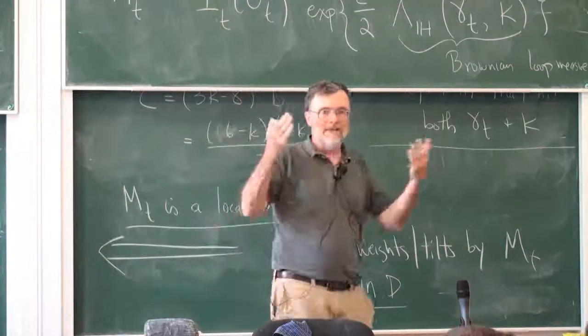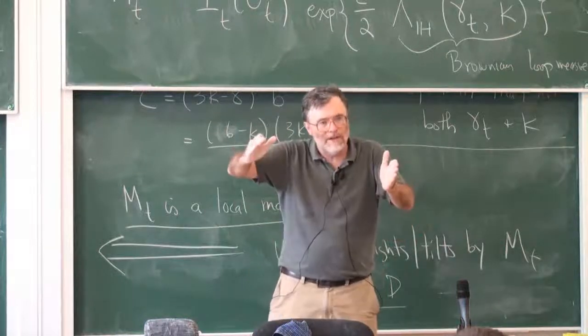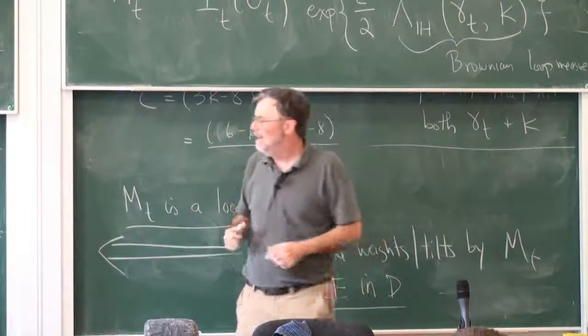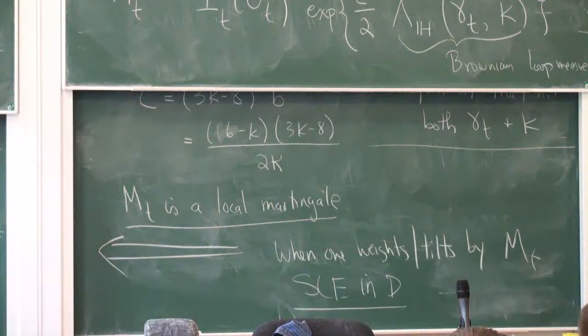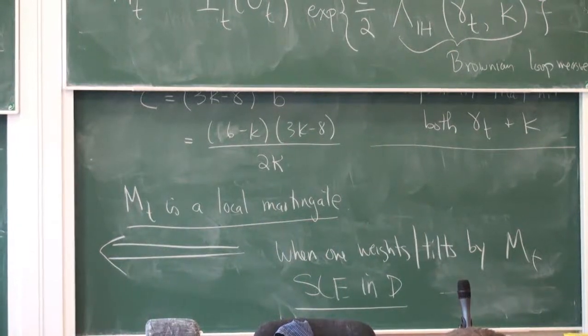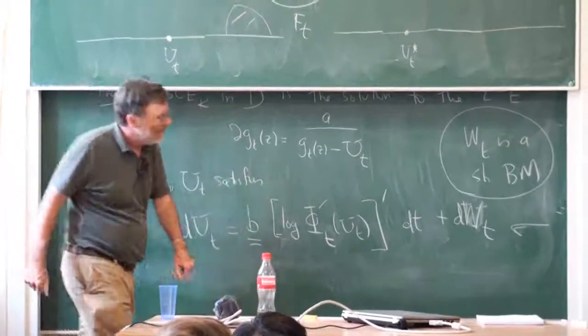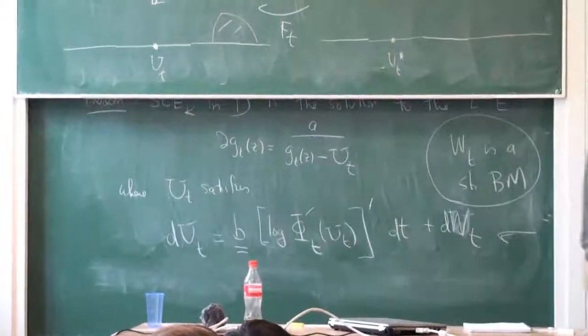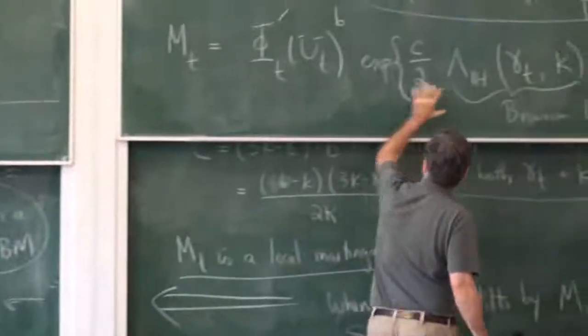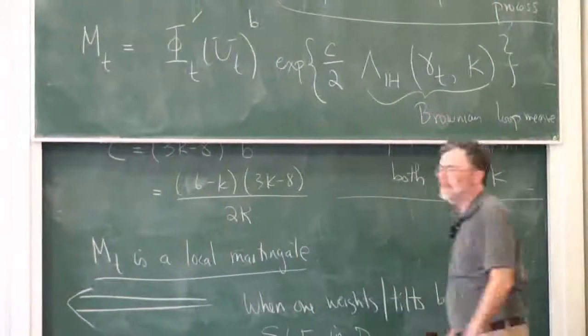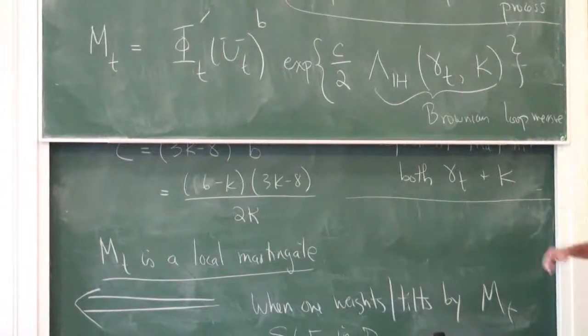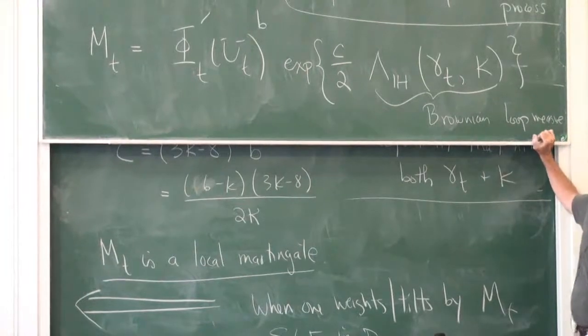One is by conformal transformation. The second is by solving the Loewner equation, and there's the drift that you get. And the third way is to write down this local martingale and then tilt by that local martingale.